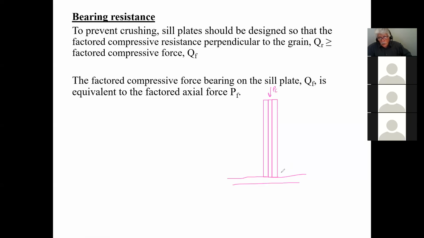Just like we did for a stud, we went to find the QR value at the bottom of the stud wall table, and that is the QR for one stud. So if I have a 3-ply, I'm allowed to take this QR value and multiply it by 3. And if that value is greater than my PF value, I'm okay. So where do I go find the QR value? In the stud table. The only difference is that it's per ply, and therefore if I have a 3-ply, multiply by 3.